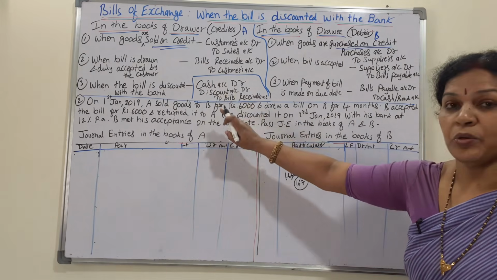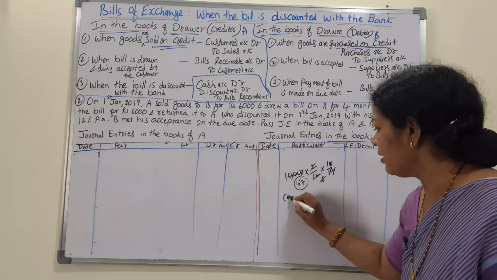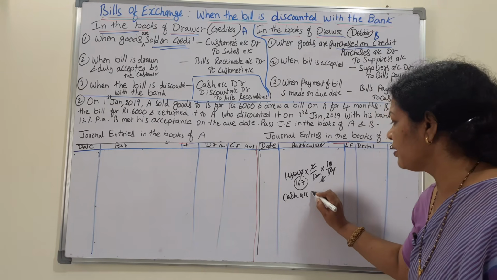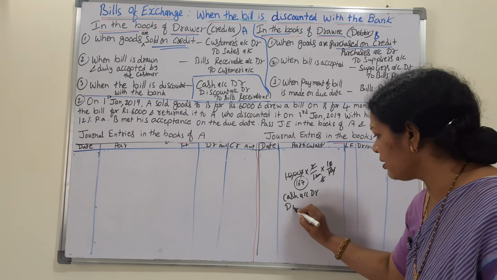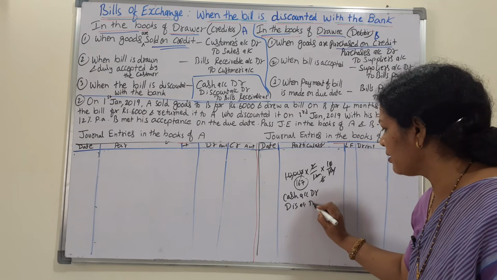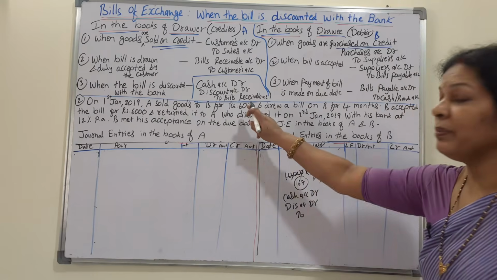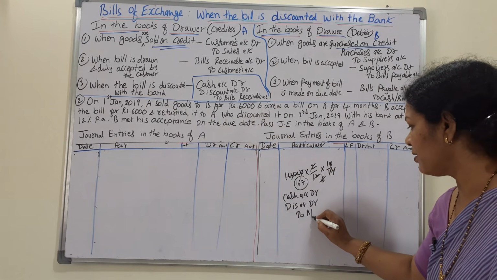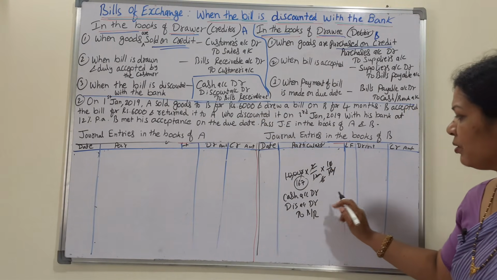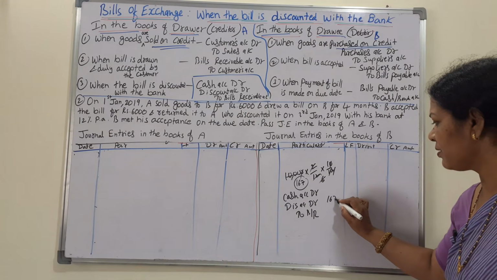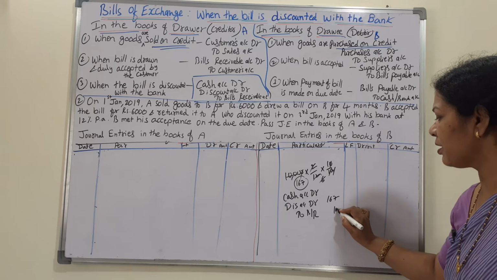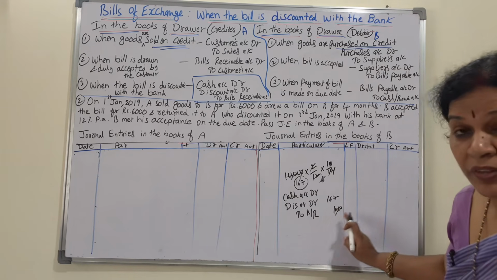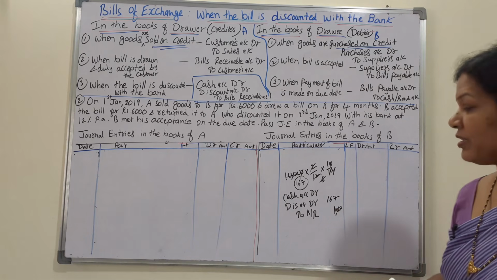So here you are going to write cash account debit, discount account debit, to bills receivable. So discount is 167. Bill amount is 10,000 rupees. From 10,000 we are giving a discount of 167.